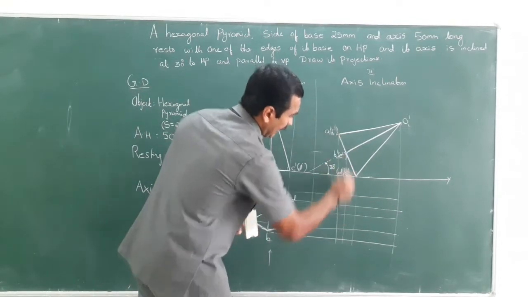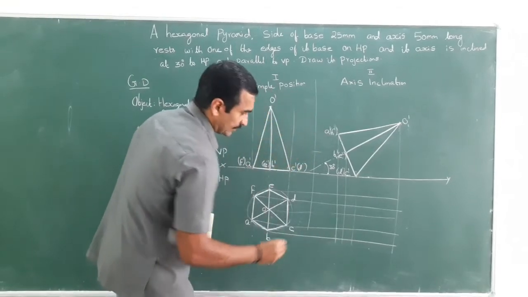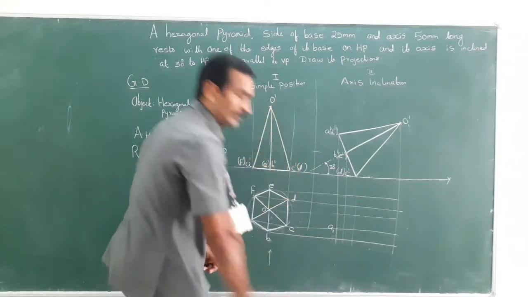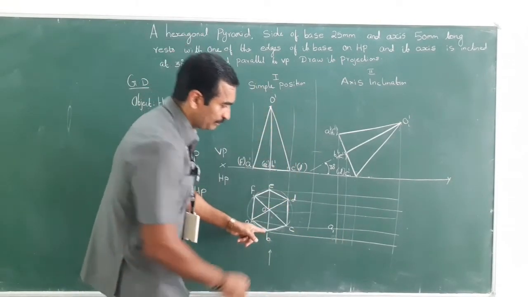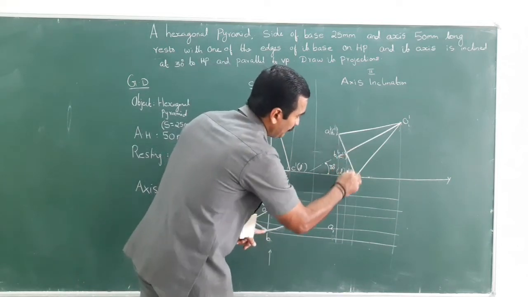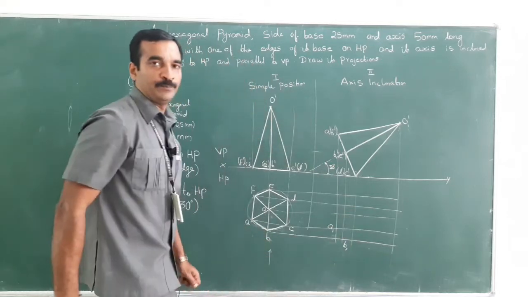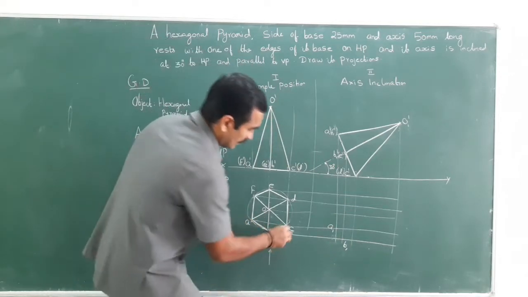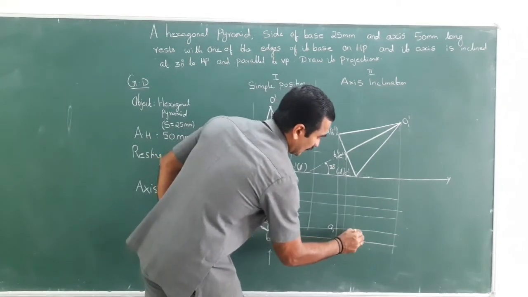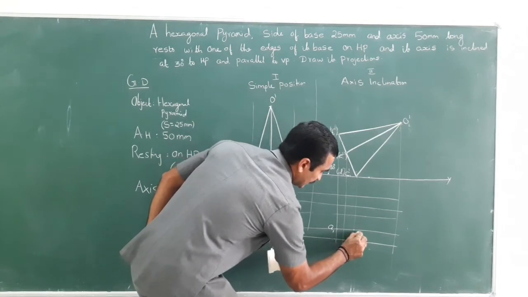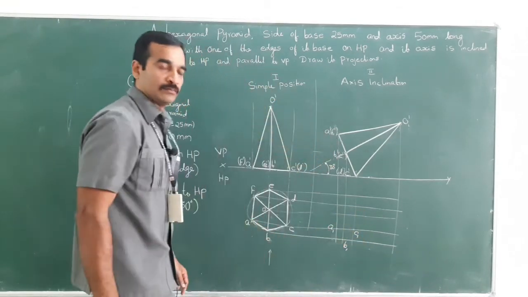A and A are intersecting here, right? So this could be A1. B and B are getting intersected here. This could be B1. What about C? C and C are meeting here. So this could be C1.